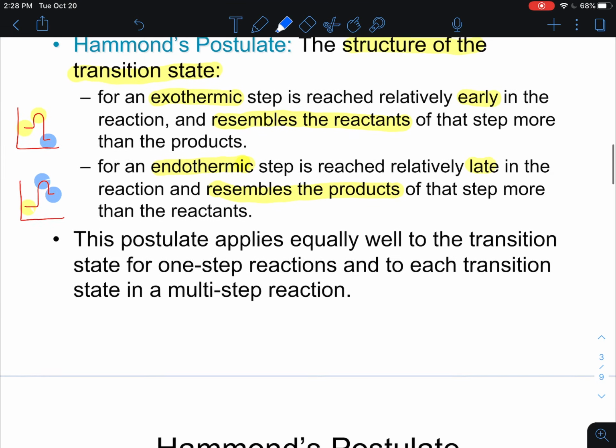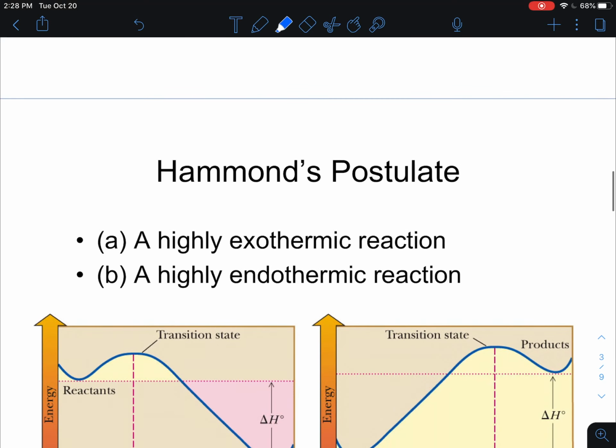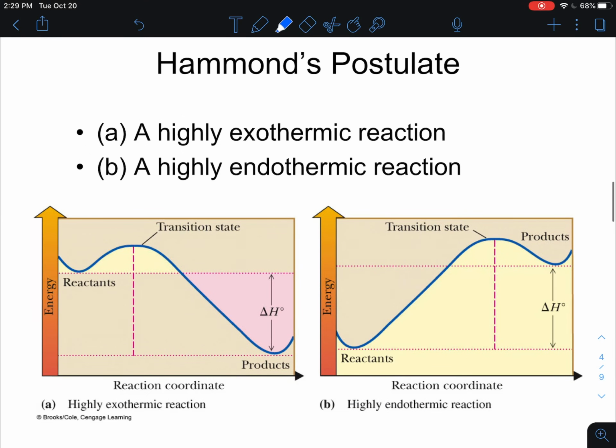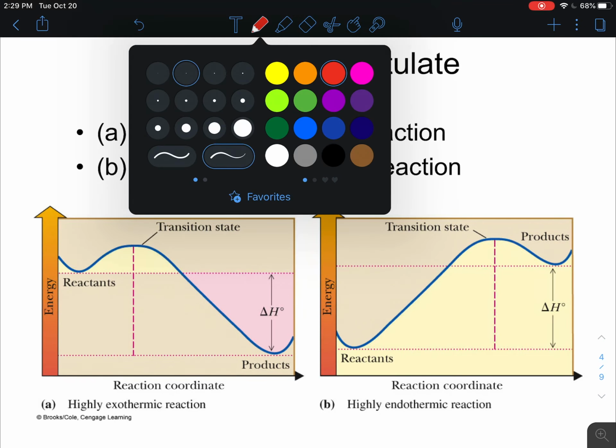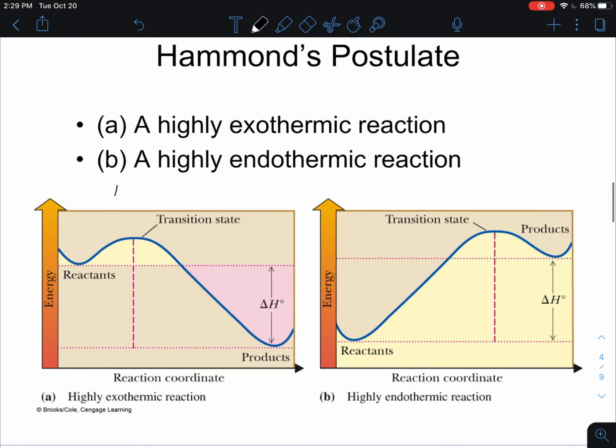So we can look at that a bit bigger than what I just drew in the corners over there. We kind of have an exaggerated case here. The labels are down below, but I'll put them up here too. So here's exothermic, and then here's endothermic. So this kind of helps us look at the early late terminology that we use.